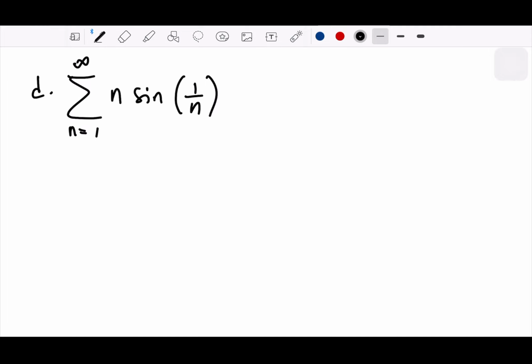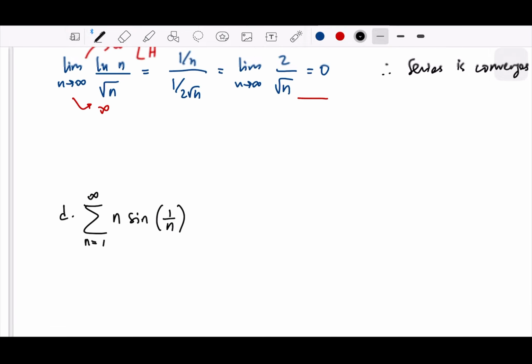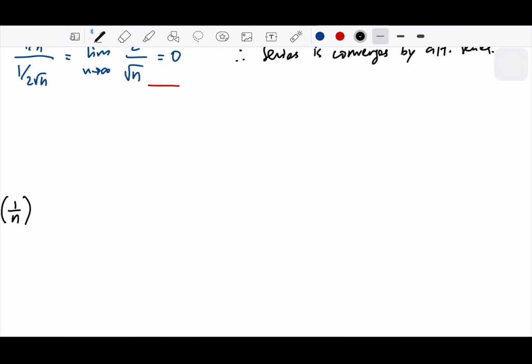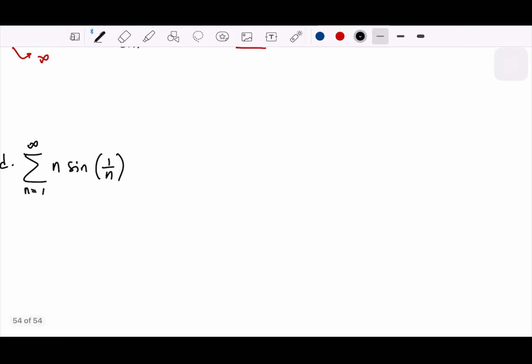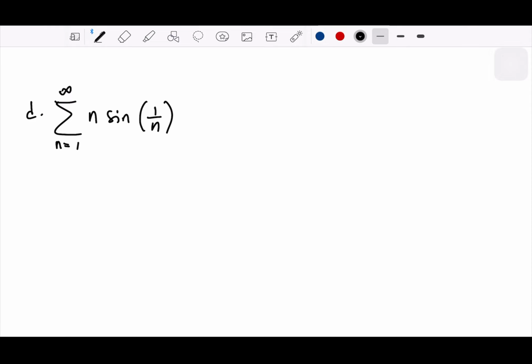Okay, now we are going back to this number. The previous one is a convergent series. It converges by the alternating series test. Now the second one, we have n times sine of 1 over n. As this strategy mentioned, like I previously stated, we can take the limit.